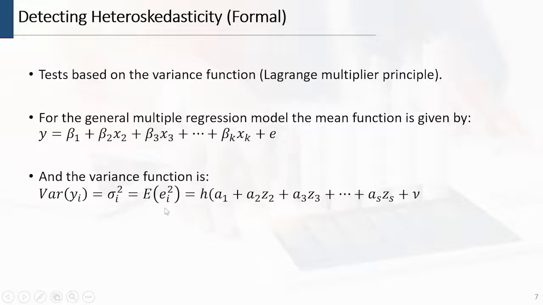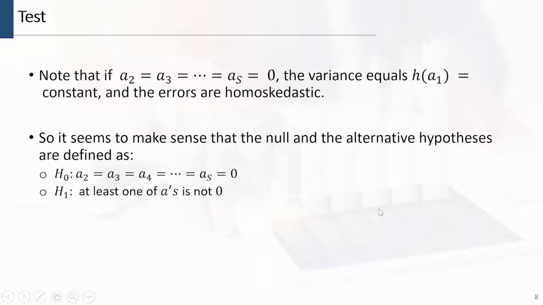You have the estimated residual, you square it, and then you regress the squared residual on the list of other variables and see whether those other variables have explanatory power for the squared residual. The null hypothesis will be that the coefficients for all other variables should be 0, because the residual term should have a constant variance.